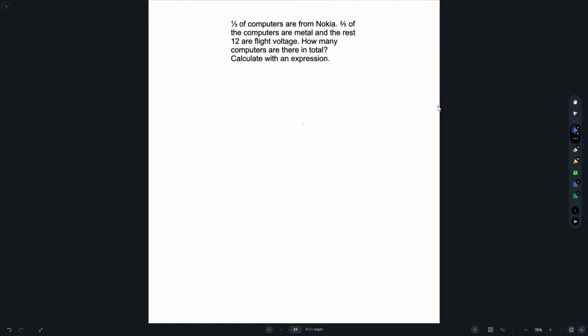I'm confused at what it's asking or what it's giving me. So just the other 12. I'm going to assume this is like 1/3 is X, 2/5 is Y, and then the remainder 12 are something else. So how many are there in total?